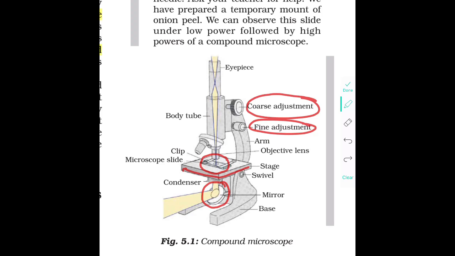Objective lenses of high and low power are used to increase or decrease the magnification. So, here is a compound microscope, and this section is the eyepiece through which you can observe the specimens and get thorough with the microscopic world.